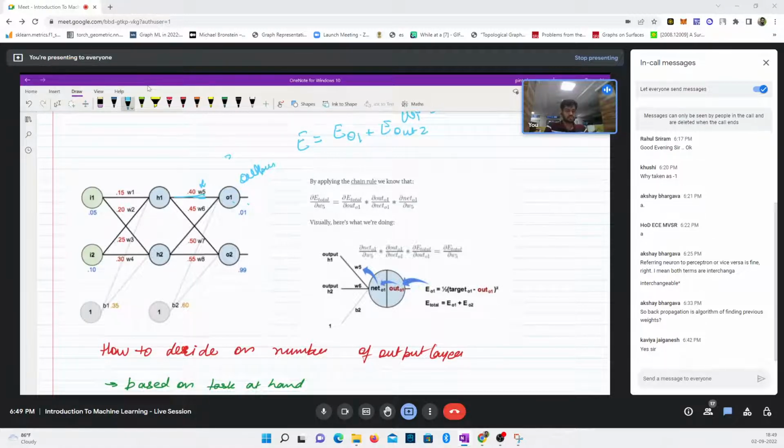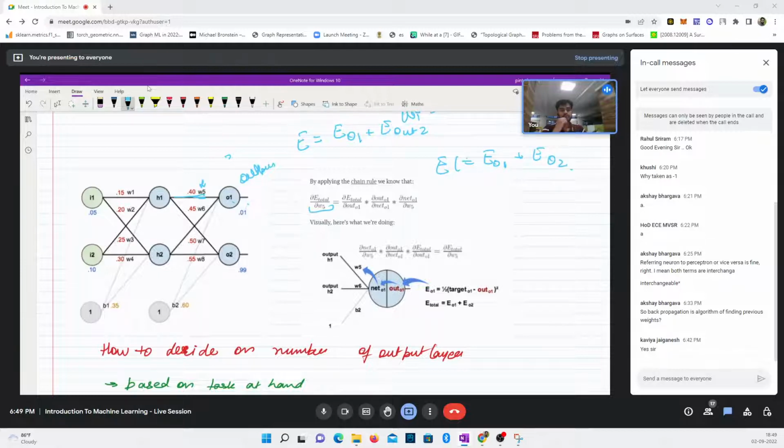Both of these contribute to your error. So if you differentiate this total error with respect to W5, the total error is equal to the error of output 1 plus the error of output 2.